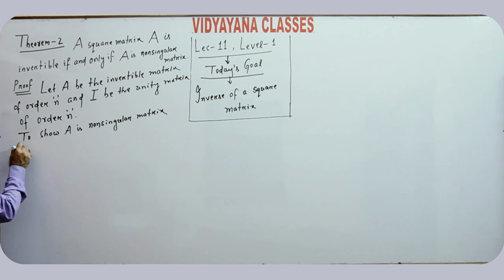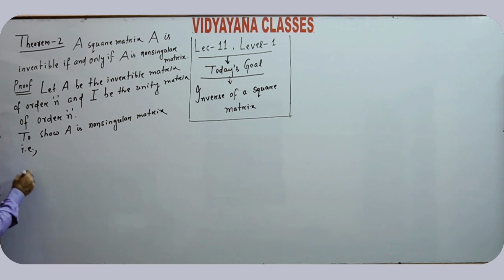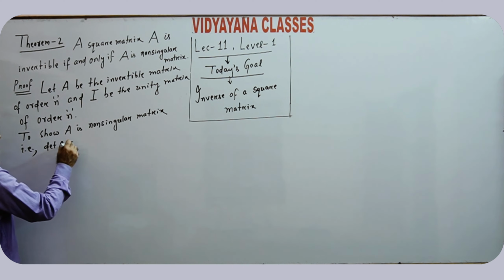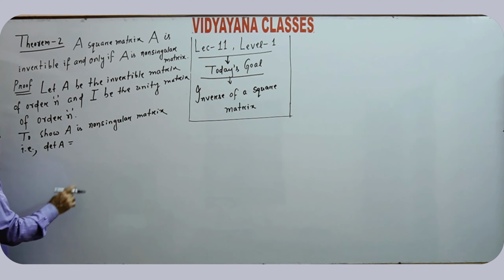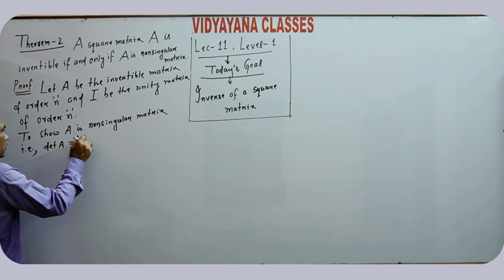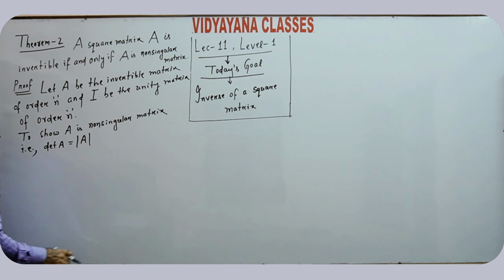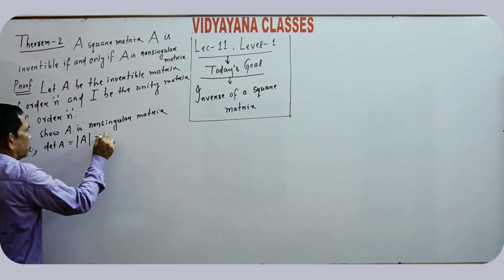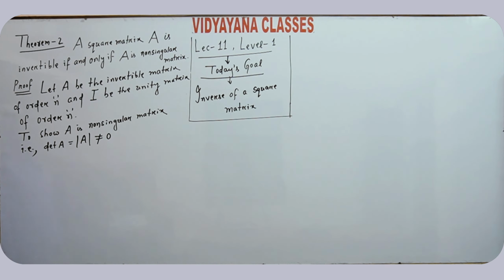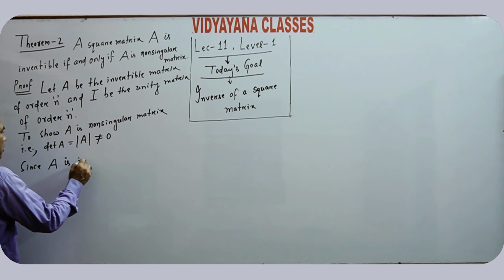That is, determinant of A not equal to 0. Since capital A is invertible, the square matrix capital A is invertible.